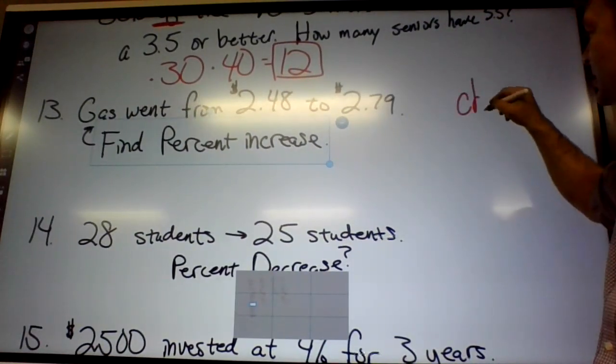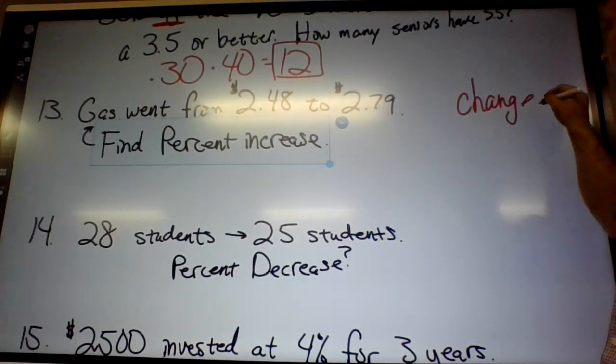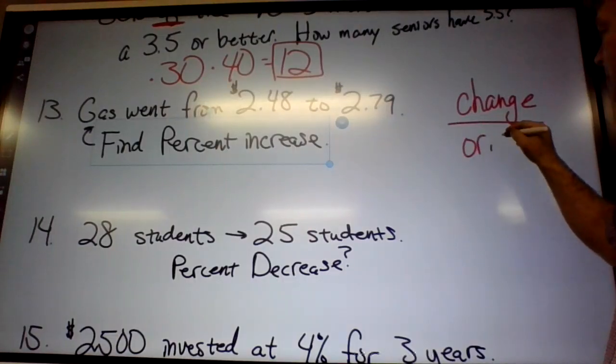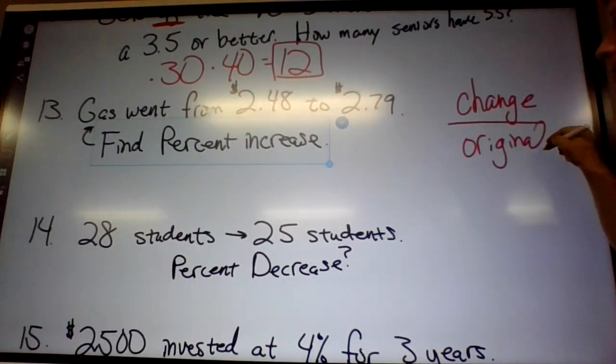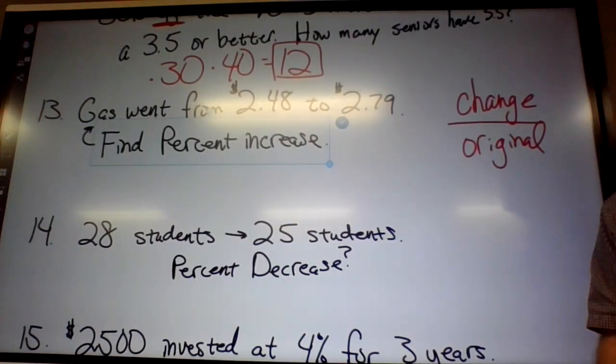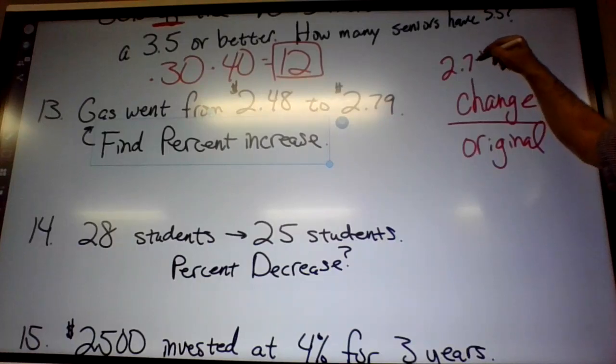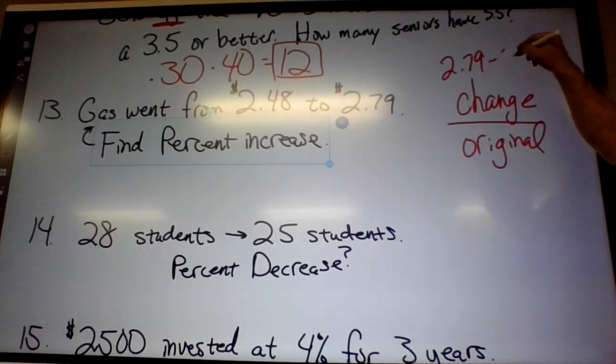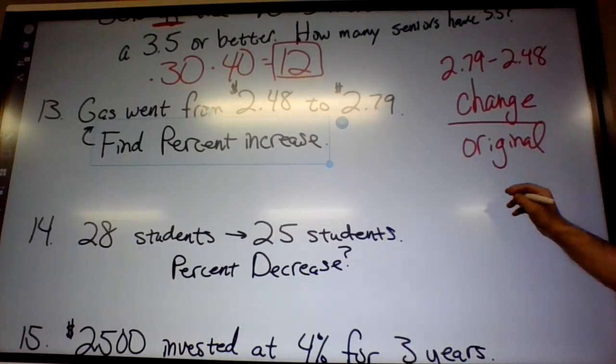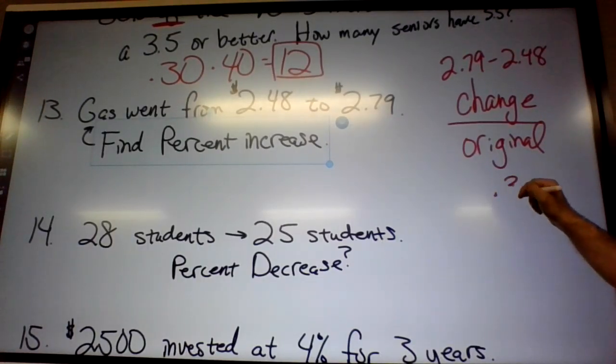So the formula is change divided by original. So how do I find the change on number 13? Subtract. 279 minus 248 is 31 cents, and the original is 248.